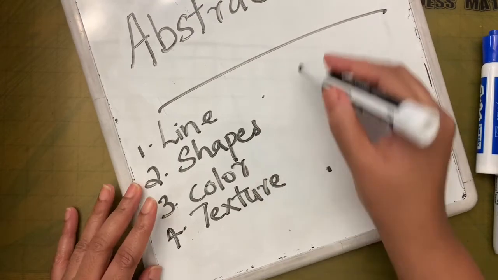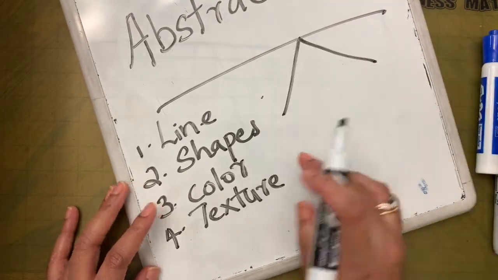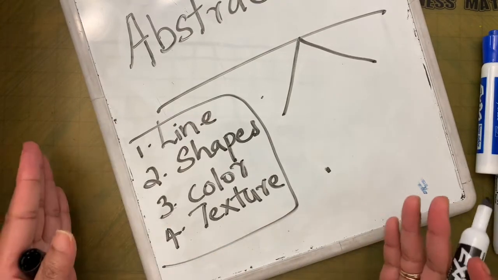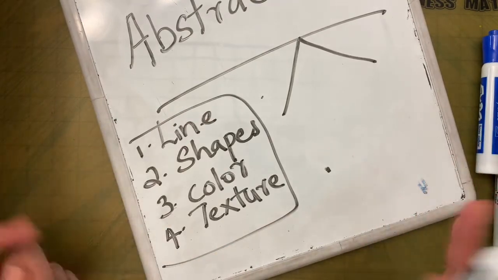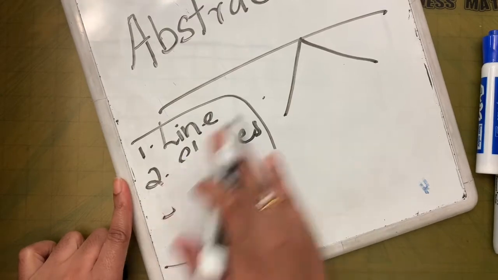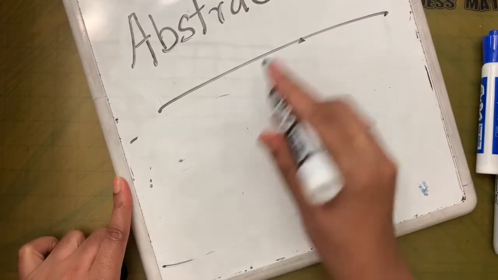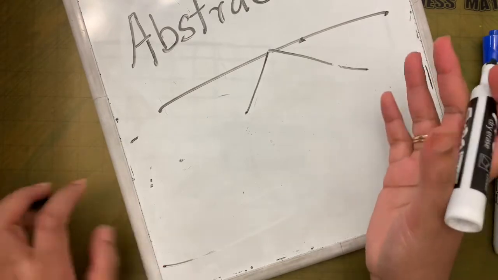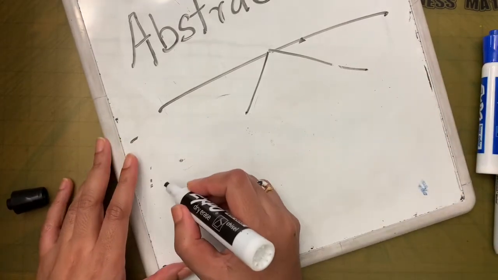So these are the things that we use when we make abstract art. These are the same things that we use for making regular art also. Now I need space to write how abstract art is divided. It is divided into objective and non-objective.